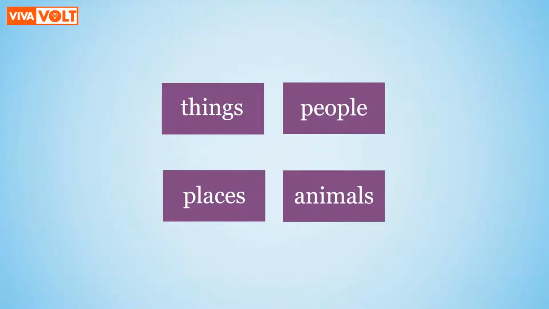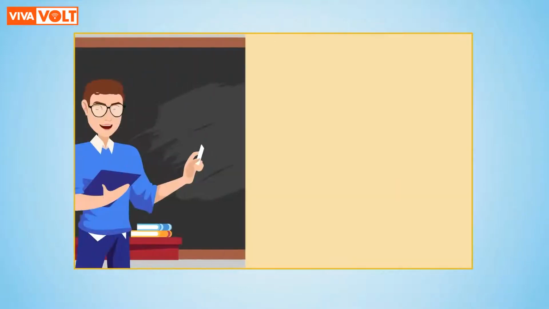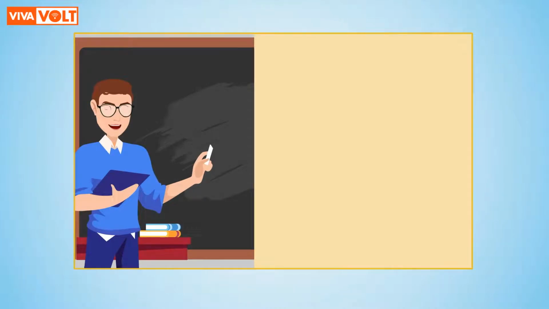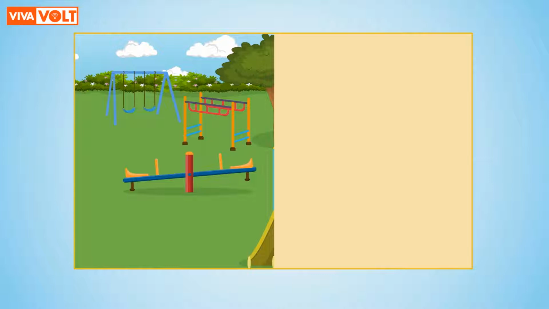Are you ready? Do you know what this is? This is a book. Now tell me who this person is. That's right, a teacher. Can you tell me what this is? This is a playground.